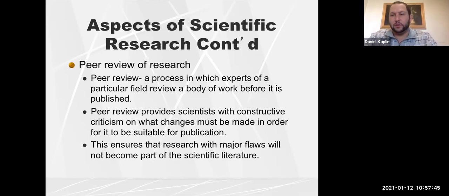There were some grammatical or typographical errors, and they will give you feedback both on a macro and micro level. So peer review also serves as a gatekeeper for scientific research to make sure that that which goes out to the public is an accurate representation.